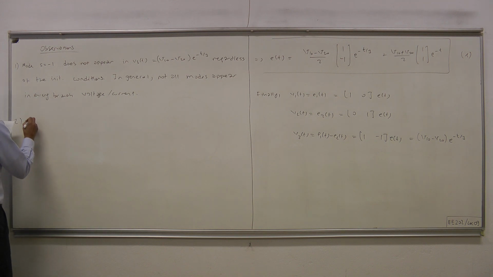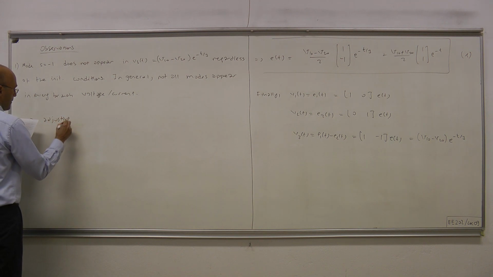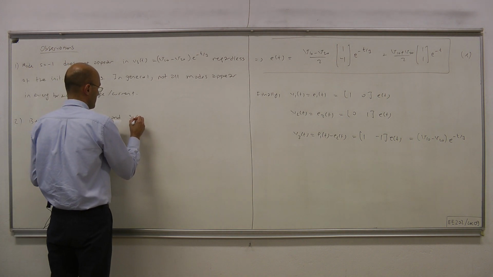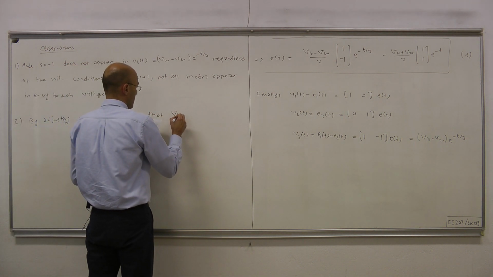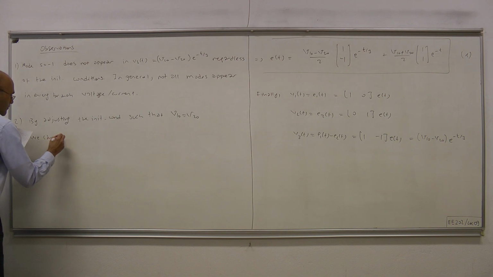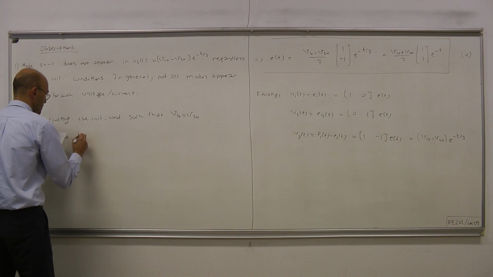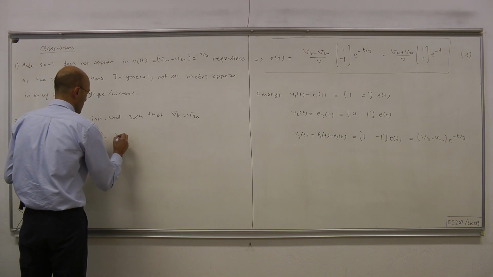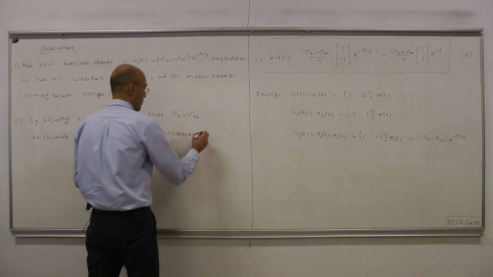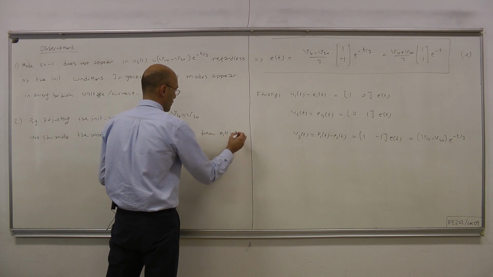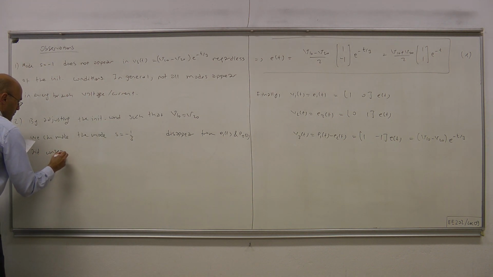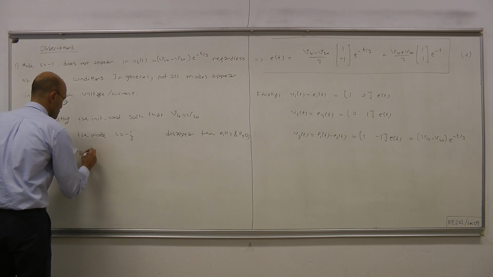Okay, so let's also write that down. By adjusting the initial condition such that v1(0) equals v2(0), we can make the mode s equals -1/3 disappear from the node voltages E1 of t and E2 of t, and as a result from the whole circuit.